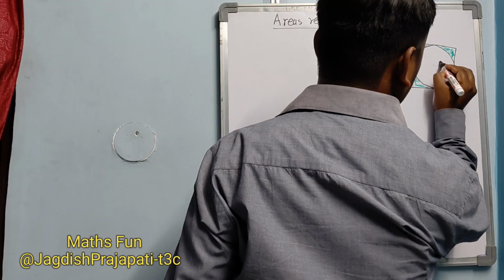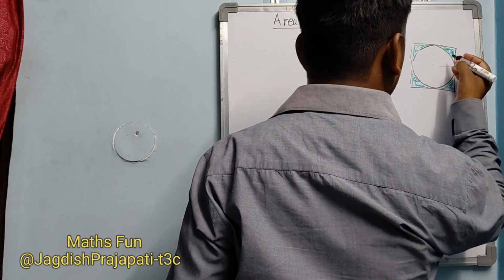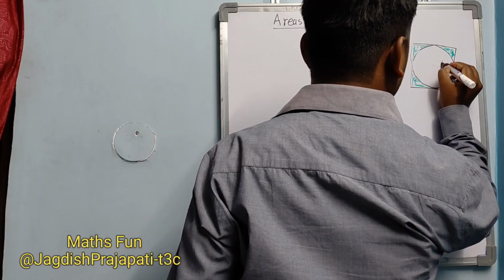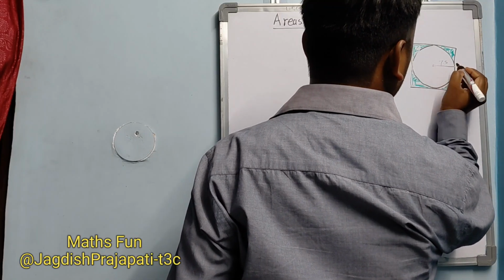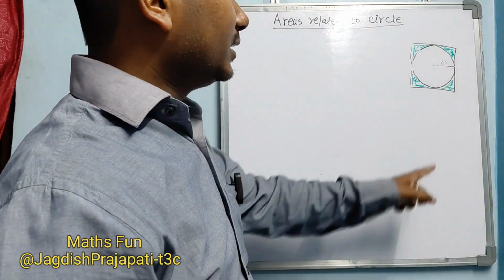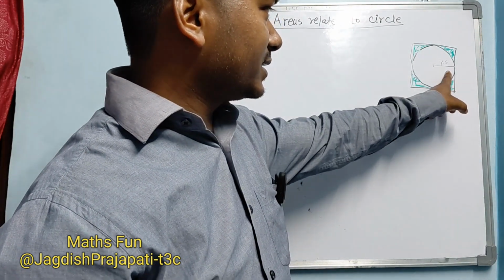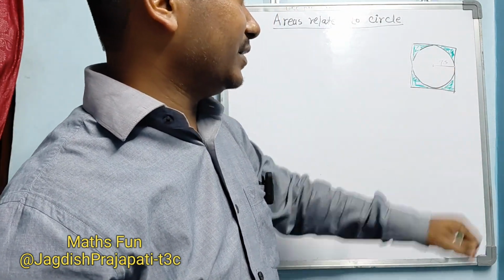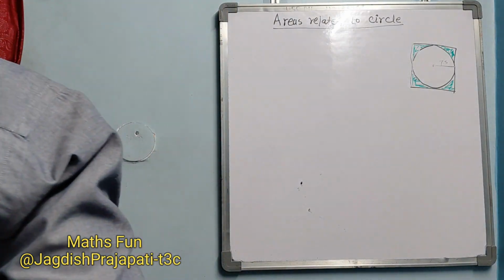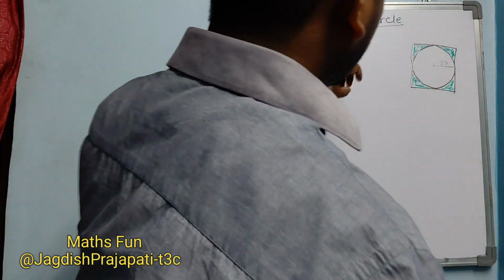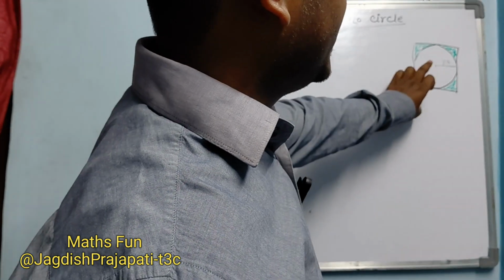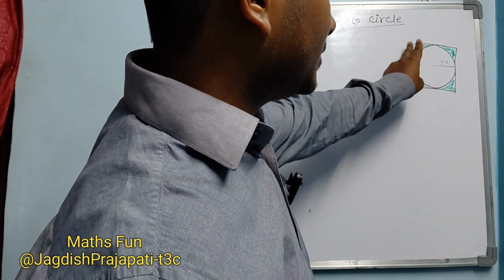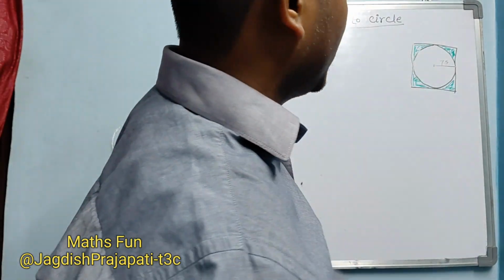This is 7.5 meter. Okay, this is given. Radius of the circle is given 7.5. So we have to find the area of the remaining part, the area outside the circle and inside the square.